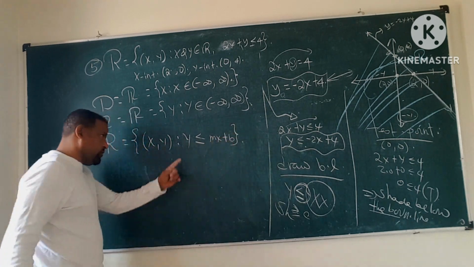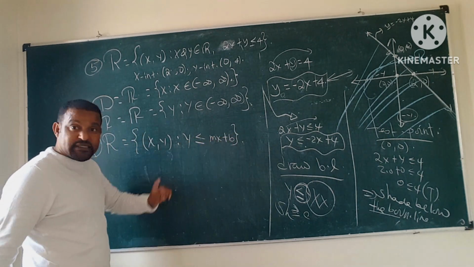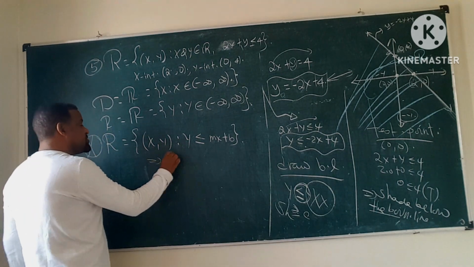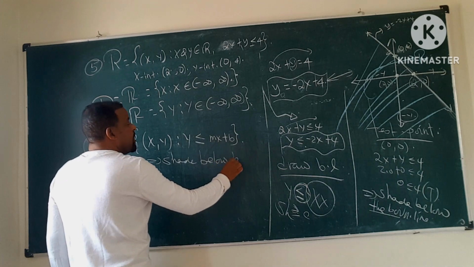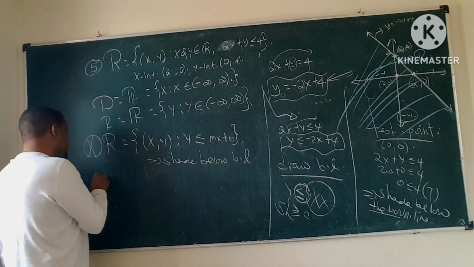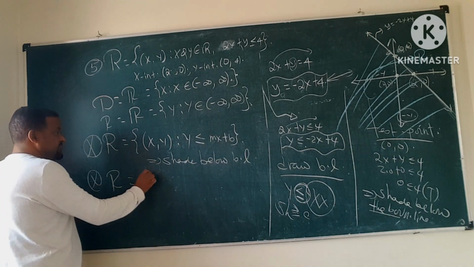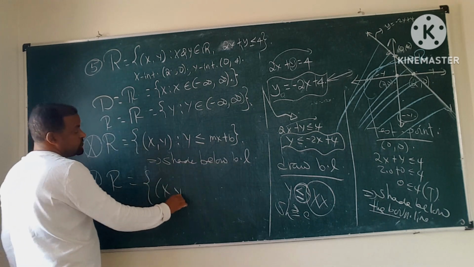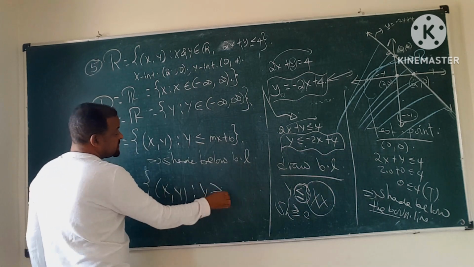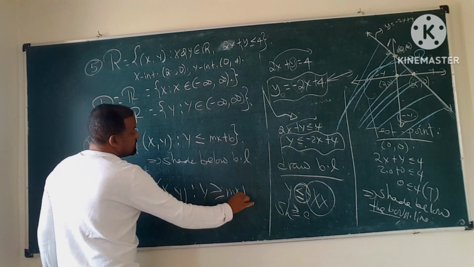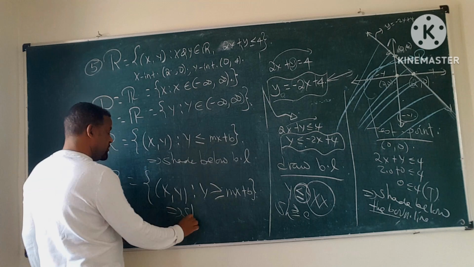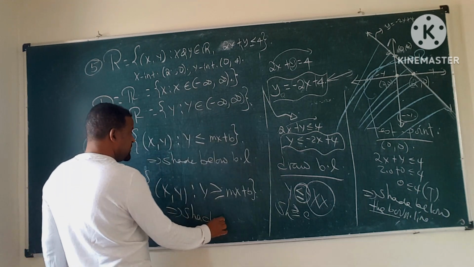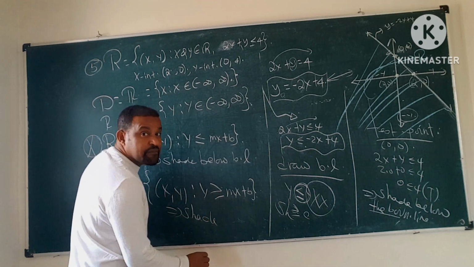We shade below the boundary line. If our relation is the set of all pairs of x, y such that y is greater than or equal to mx plus b, then you need to shade the region above the boundary line.